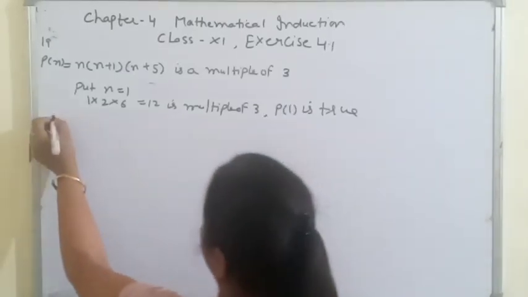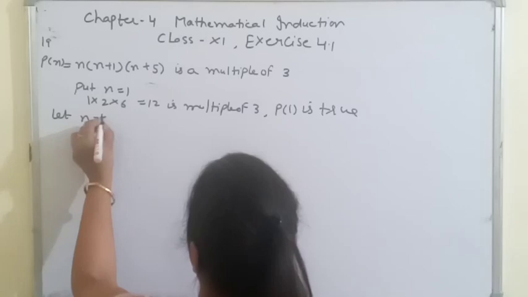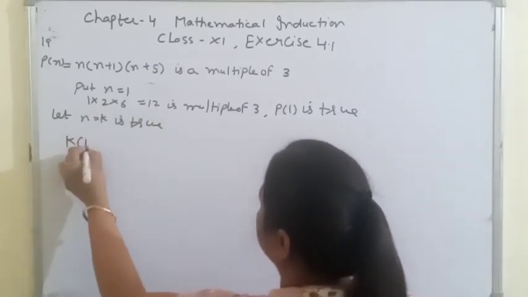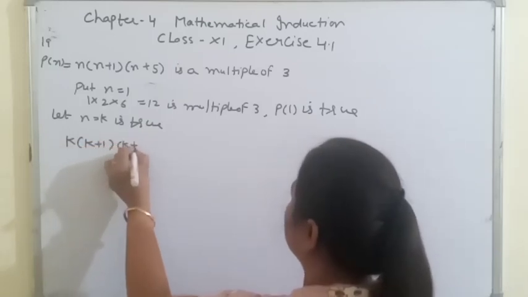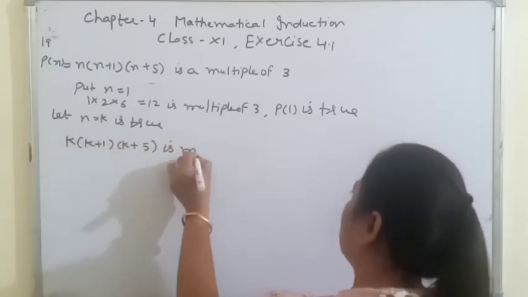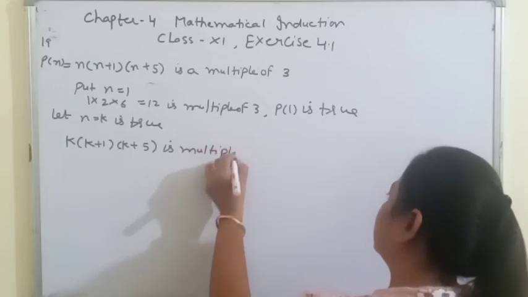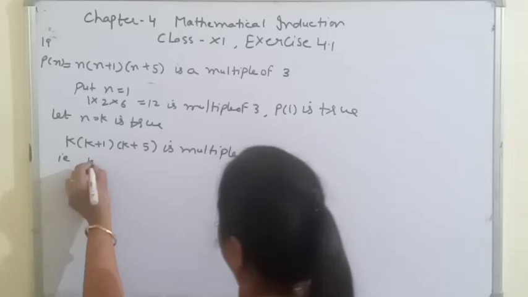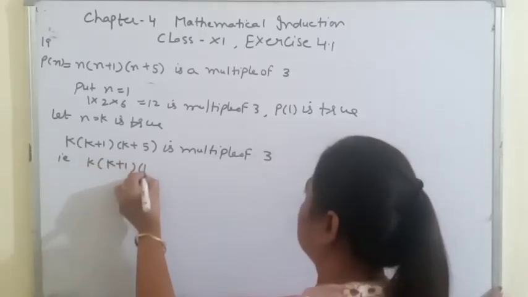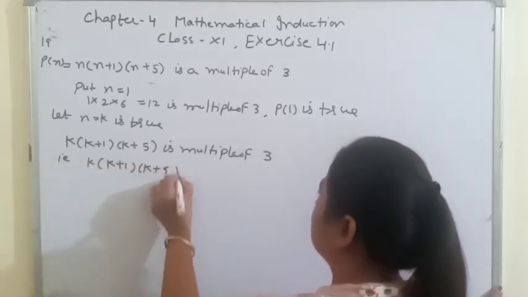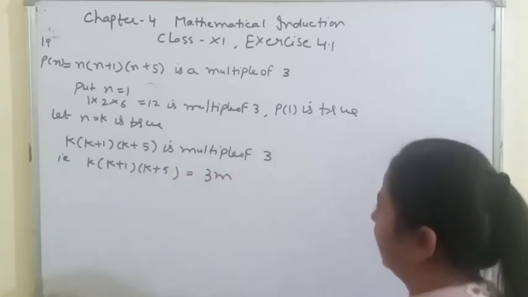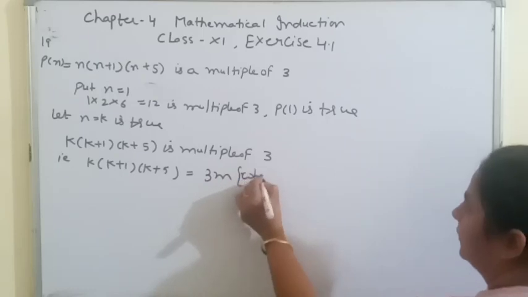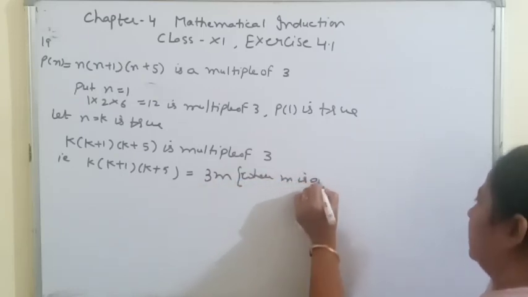Now second, let n equal to k be true. It means we have supposed that k(k plus 1)(k plus 5) is a multiple of 3, or we can write that k(k plus 1)(k plus 5) is equal to 3m, where m is any integer.